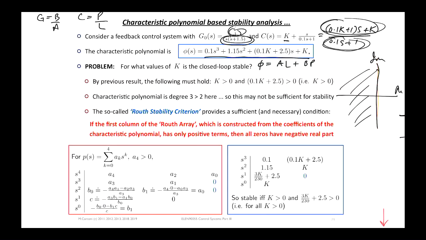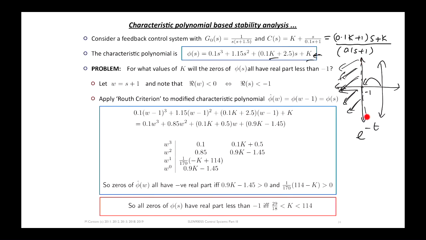All right? So if we want to know when the zeros of a polynomial are going to be left of a line that's parallel to the imaginary axis, we just have to move the imaginary axis to that line. And the transformation that moves the imaginary axis to the -1 line is as shown here.